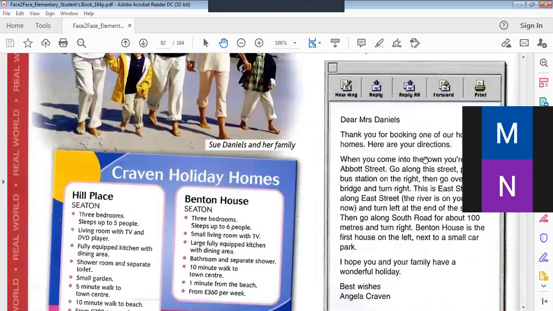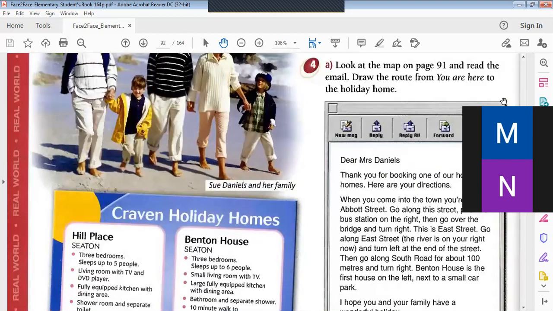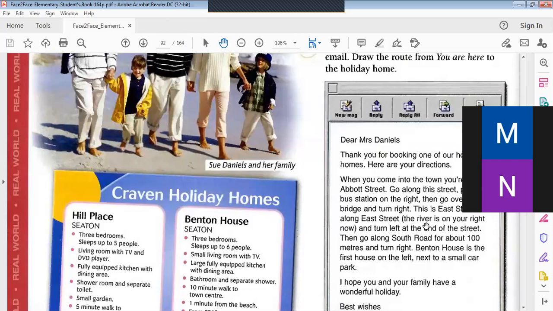In this letter, we have the directions to go to Benton House. Okay, so it says here, look at the map on page 91 and read the email. Draw the route from you are here to the holiday home. So this means in this letter we have the directions of how to get to Benton House.